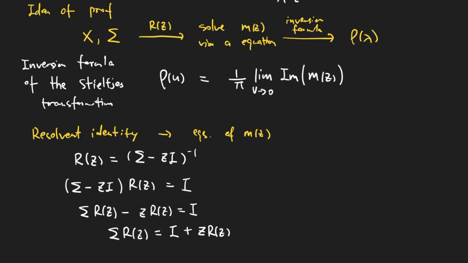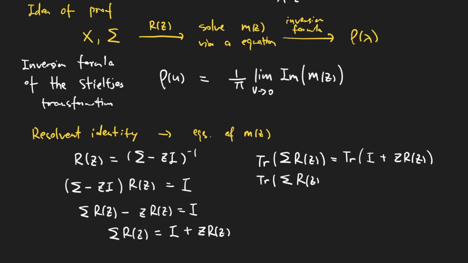Then we can take the trace of both sides. And we have the trace of sigma times R of z equals the trace of identity plus z times R of z. Then we can just copy the left-hand side. And for the right-hand side, because trace is linear, we can separate the identity from z times R of z.